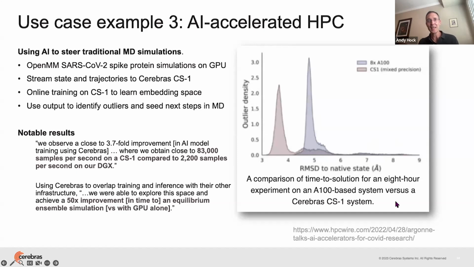This slide is an example of the latter that we worked on together with researchers at, once again, ANL in late 2021 and early 2022.